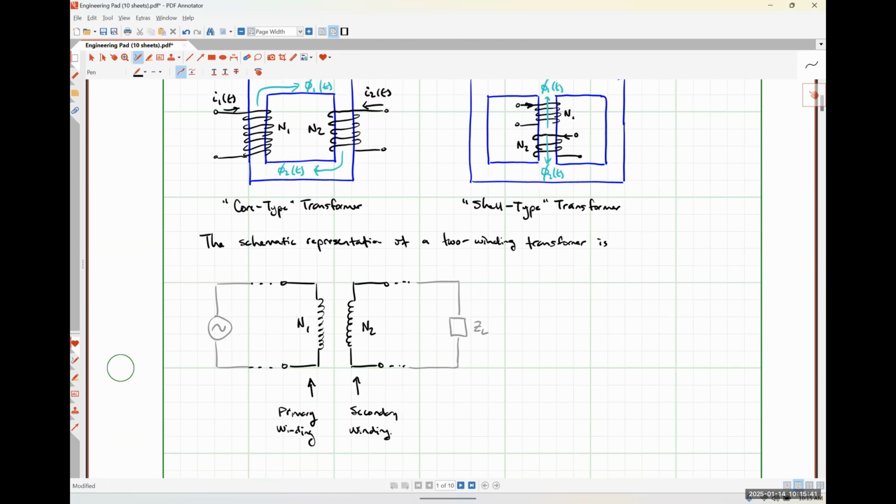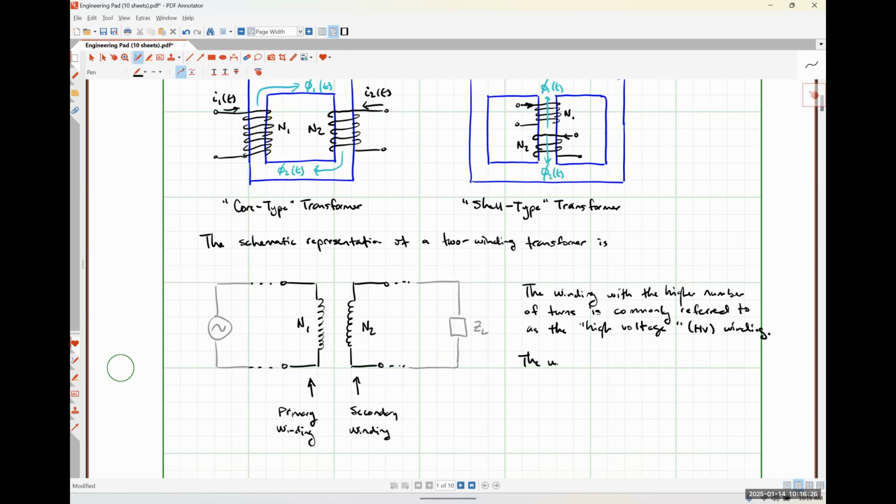Then we have another caveat over here, and I'll write this out specifically. The winding with the higher number of turns is commonly referred to as the high voltage winding, or HV winding.